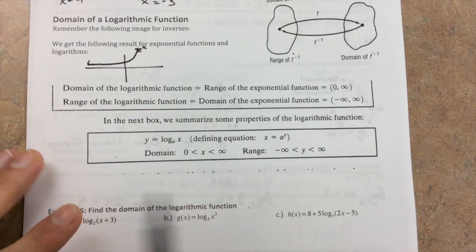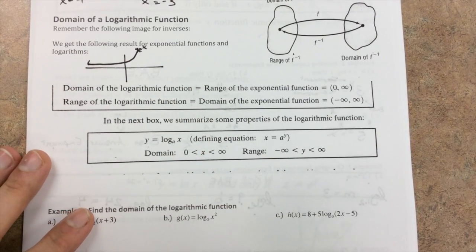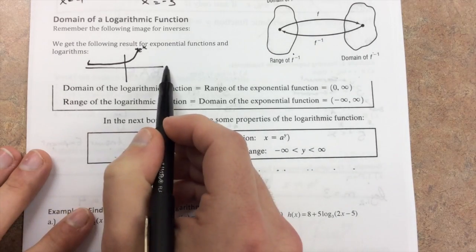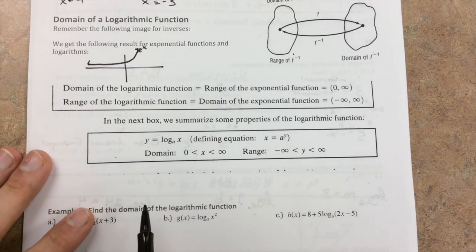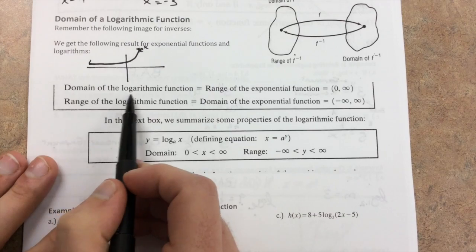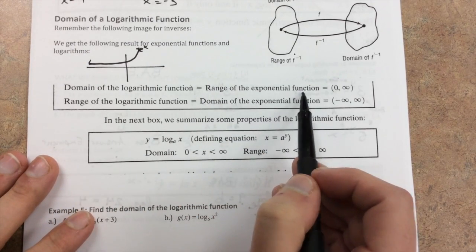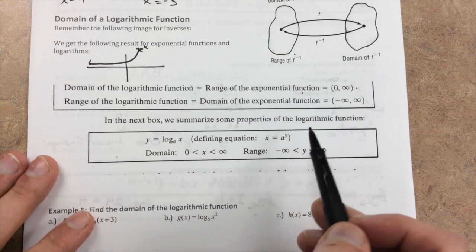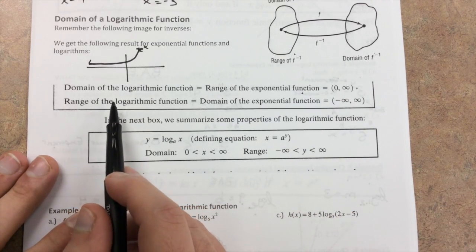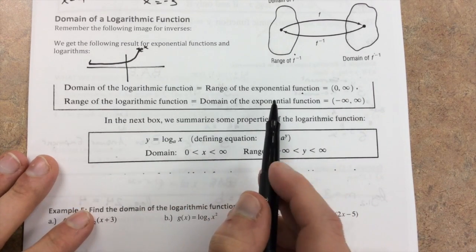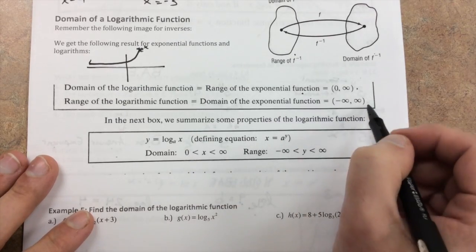The domain was all reals, but the range was only positive numbers. So the domain of the log function is the range of the exponential, which is only positive numbers, and the range of the log function, which is the domain of the exponential, is all reals.